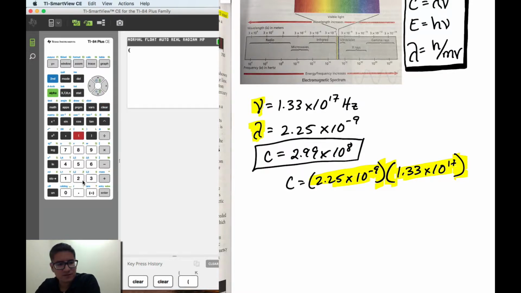So open parentheses, 2.25 times 10 raised to the negative 9 power, and then we'll hit the arrow button, and then close parentheses, and then open new parentheses, 1.33 times 10 raised to the 17th power, arrow, close parentheses, and then enter.